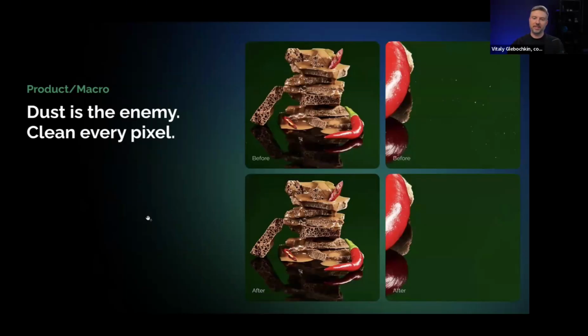So here is the image with the dust, and if you pay attention to the details, there are no distractions in the image, and you will definitely take the viewer's attention right to the main subject without any distractions.